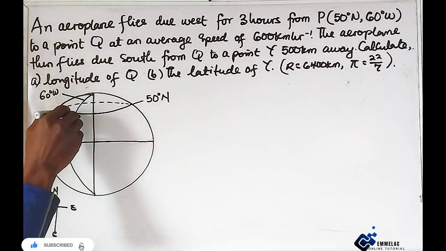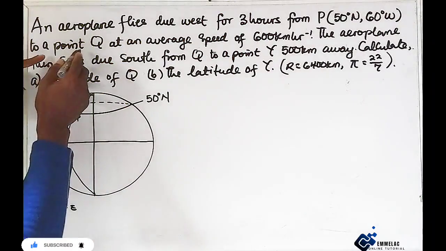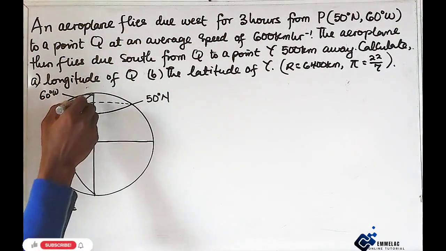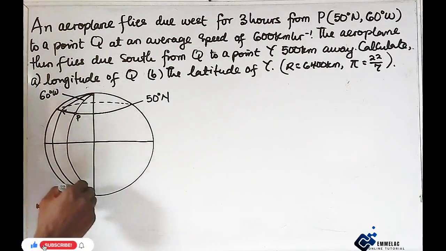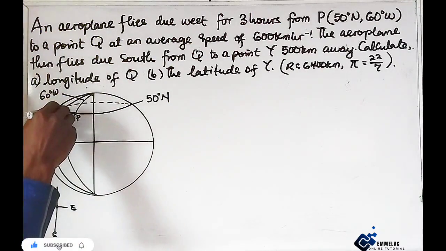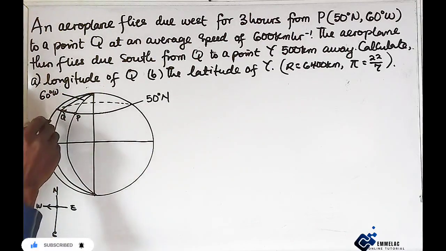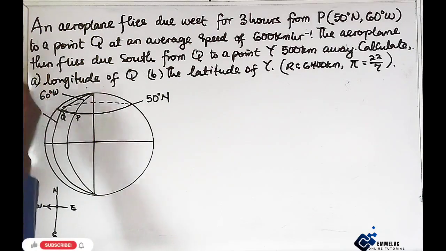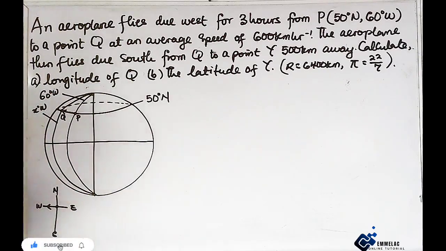Now that is our point Q, which means it has its own longitude. This longitude we don't know, so let us just give it, let's say, x degree west also.